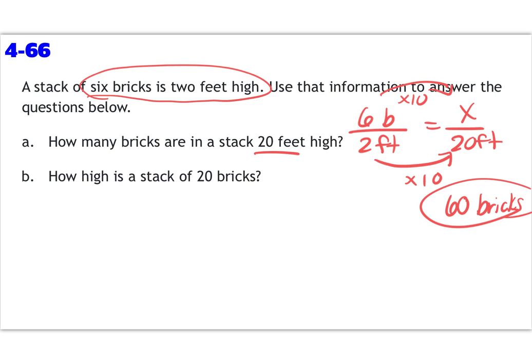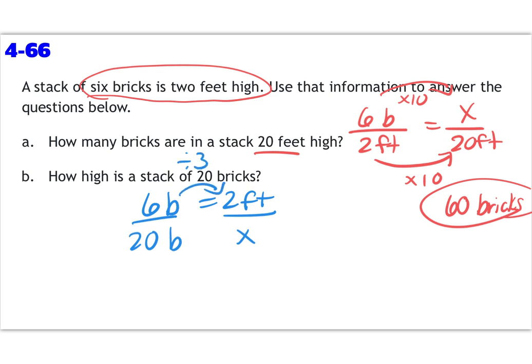Now for B, how high is a stack of 20 bricks? We could again say 6 bricks is 2 feet high, so 20 bricks would be how high? From 6 to 2, we are dividing by 3, so we would take 20 divided by 3.